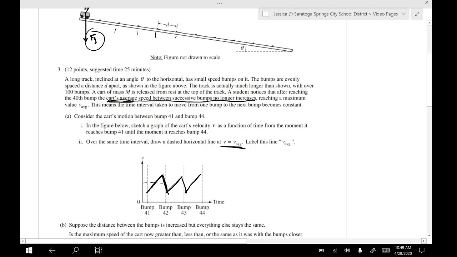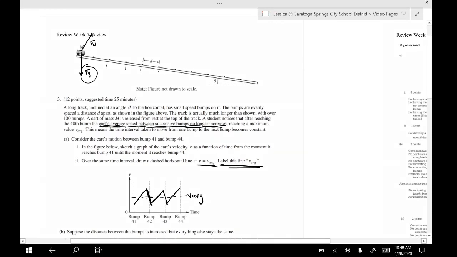So my dashed line, that's not the center. My bad, guys. The dashed line, that's a little bit better, is going to go right like that. Now it says label V average, so I have to make sure I label it. And it's a horizontal line because, like it says, the average speed is not changing. So let's check my points for that.